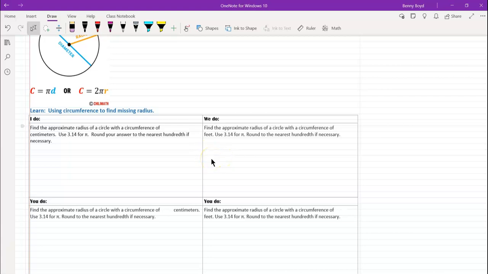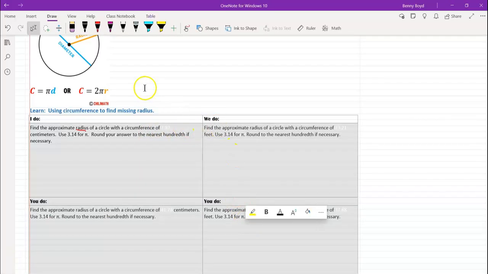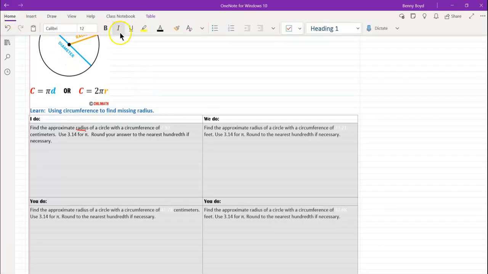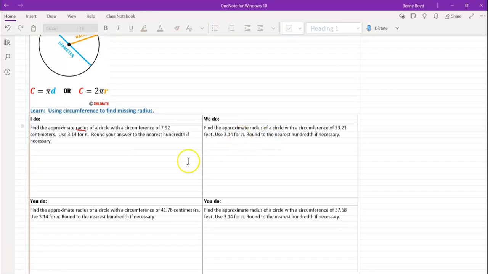In this first one, we're asked to find the radius with a circumference of 7.92 centimeters. Pi, in this case again, is going to be 3.14.